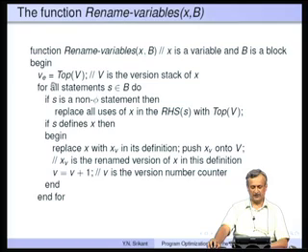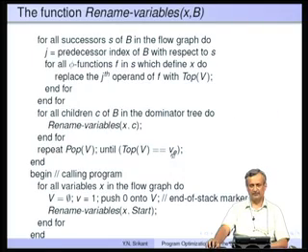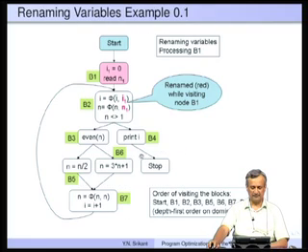So, we enter the function with a particular version variable, and then we also exit that function with the same configuration of the stack. So, this is how renaming of variables happens.